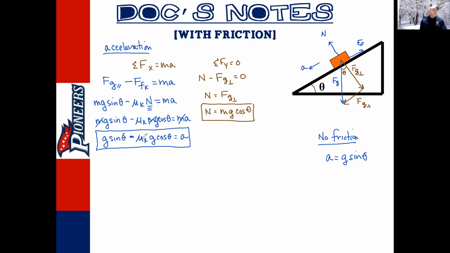And if it's frictionless, then this all becomes 0, and now we're back to this. So this becomes the simplified case of this, because when there's no friction, this is 0. 0 times all of that makes it go away, and then we end up with this result. And so this is how we calculate acceleration when there is friction.